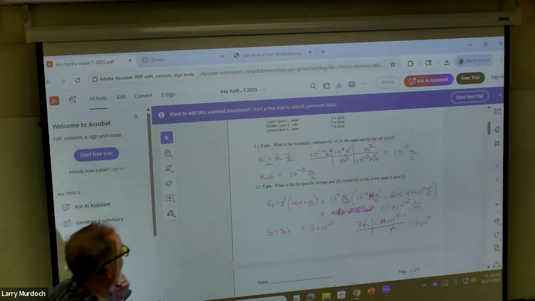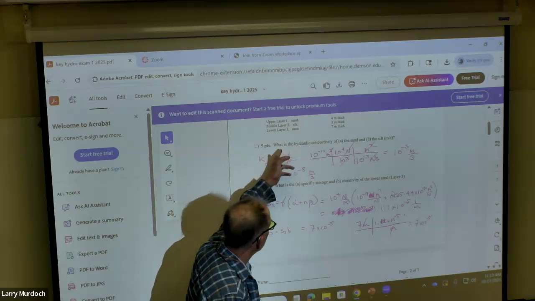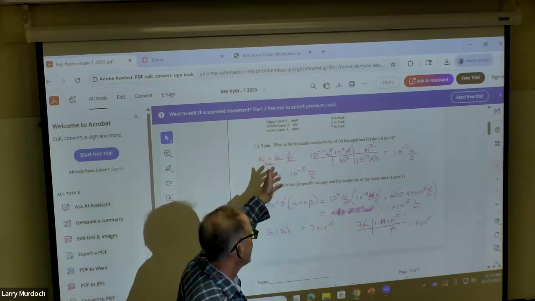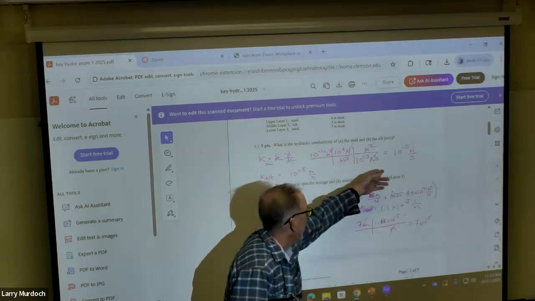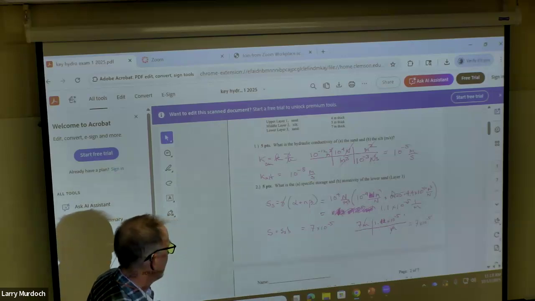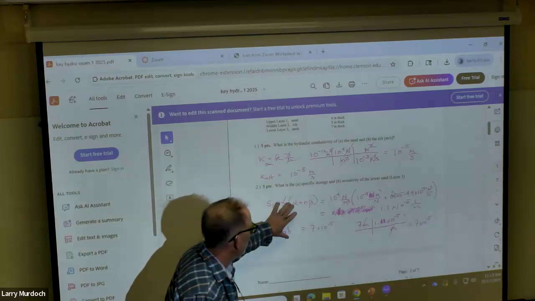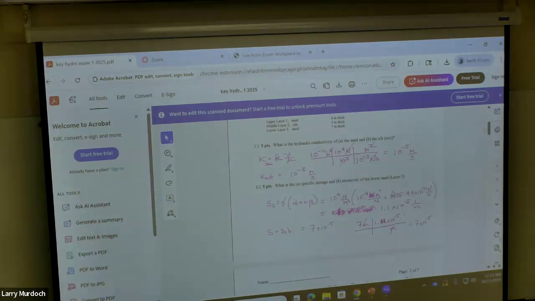most people got this. The problems here were just simple ones with units typically. There were a handful of people that just didn't write out the units and didn't have the units right, so that ended up being a problem. And really same thing with this. There were just problems with the units, but those were involving calculations using these formulas here.